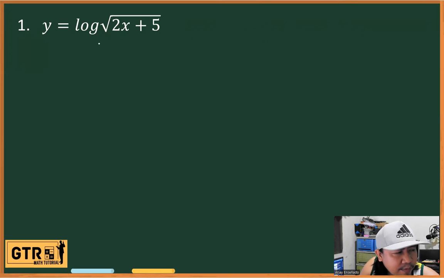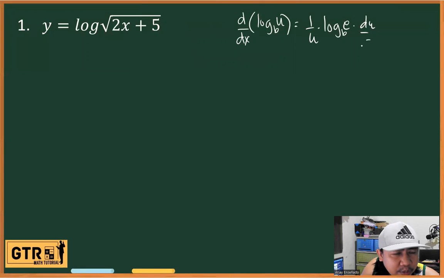So we have the formula for logarithm: the derivative of logarithm of u to the base b with respect to x is equal to 1 over u times logarithm of e to the base b times the derivative of u with respect to x. So just apply this formula. So therefore we have our u in this example as square root of 2x plus 5.